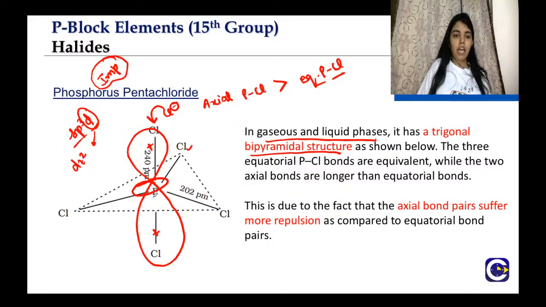So this orbital is suffering more repulsion, dz square is suffering more repulsion, and therefore the ligands present at the axial position, let us mark them Cl1 and Cl2, will face more repulsion when they come. Therefore, due to the electronic repulsion, the axial bond lengths are more as compared to the equatorial bond lengths.